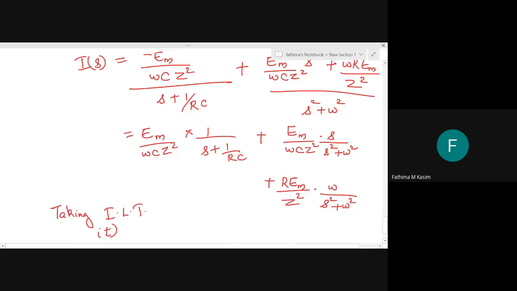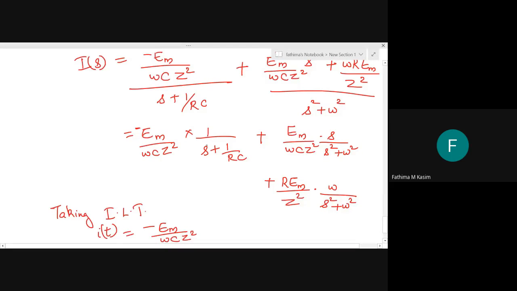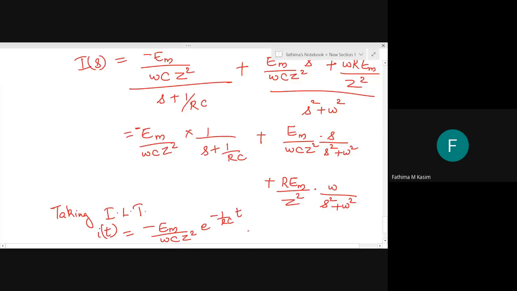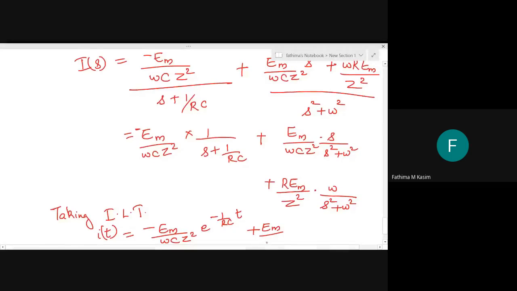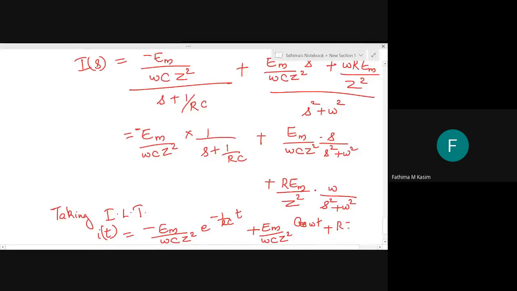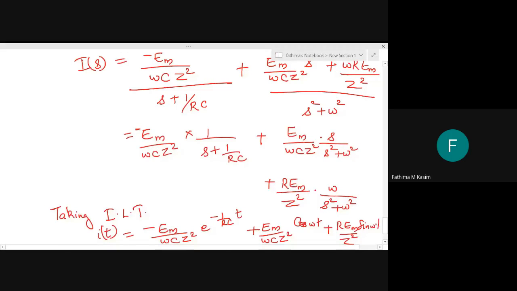So I of t will be equal to minus, so there was a minus over here, Em by omega C Z square into the inverse Laplace transform of 1 by S plus 1 by RC, which is e raised to minus 1 by RC into t, plus Em by omega C Z square, S by S square plus omega square, the inverse Laplace transform is cos omega t, plus R Em divided by Z square into omega by S square plus omega square, the inverse Laplace transform is sin omega t.